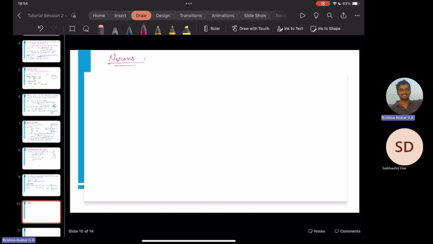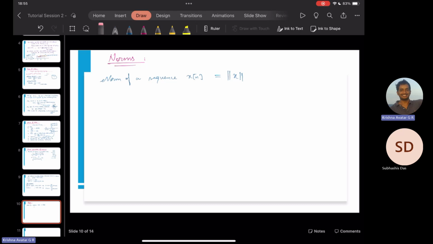Right? So the way we define norms is that the norm of a sequence xn is denoted as norm of x, and we define it using, of course, the dot product.